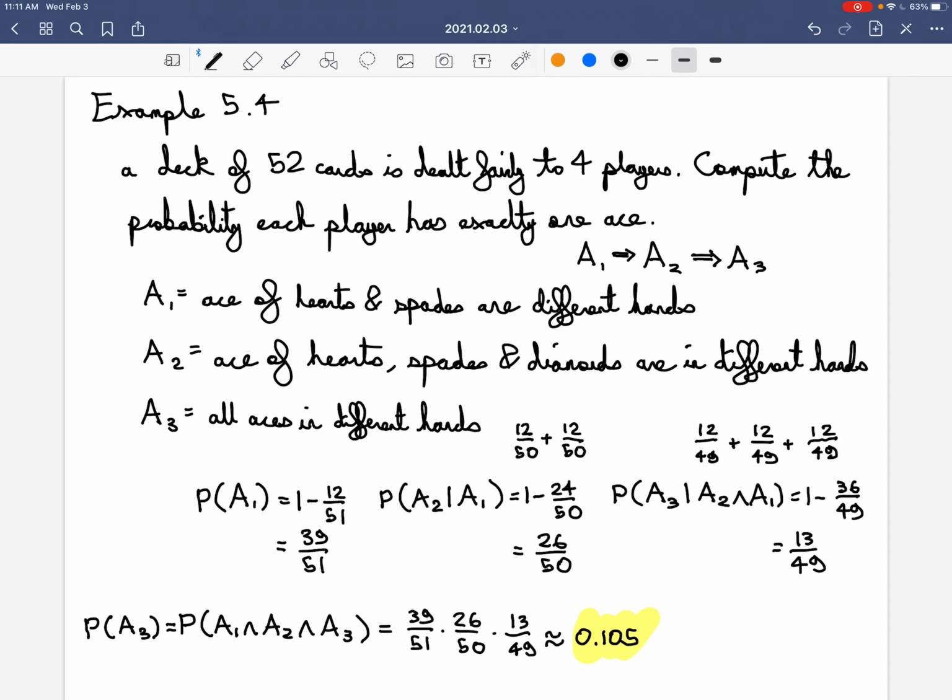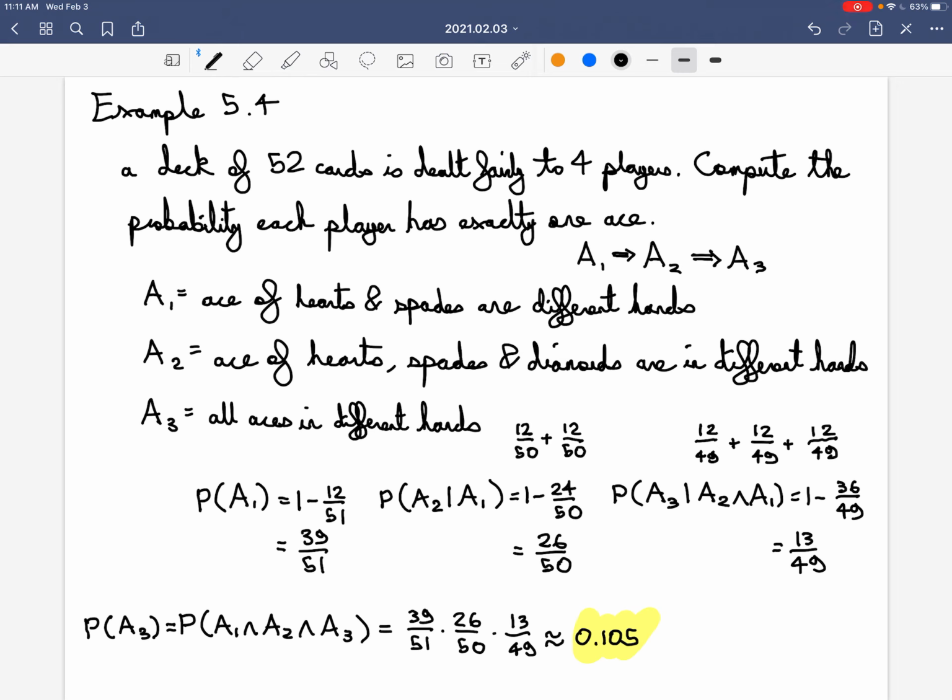So what we want to do here is to compute the probability that all the aces are in different hands. The strategy we'll use is we'll start by computing the probability that the ace of hearts and the ace of spades are in different hands.